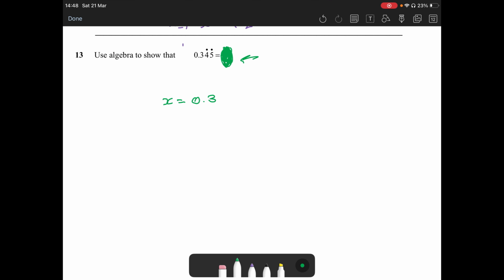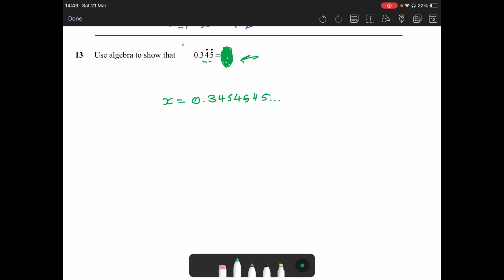Now, because the two dots are not above the 3 and are above the 4 and 5, it is only the 4, 5 that repeats itself. So 4, 5, 4, 5, 4, 5, 4, 5 ad infinitum, which is a fancy way of saying forever and ever. Now, because it repeats every 2 digits, you need to multiply it by 100.